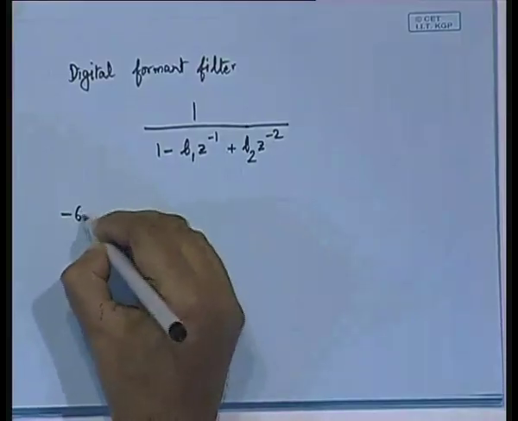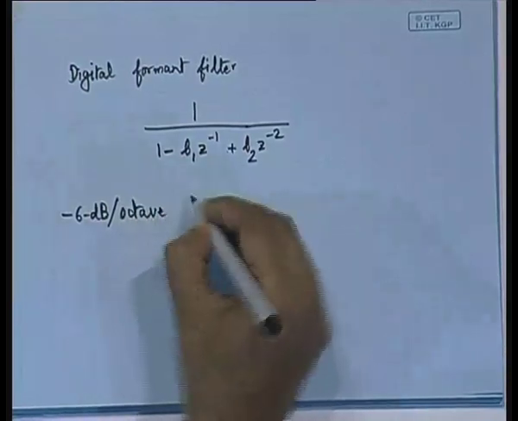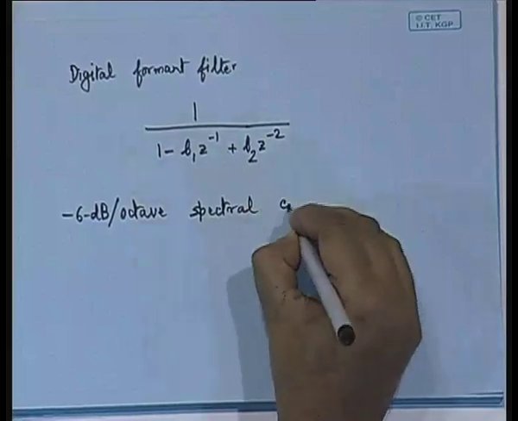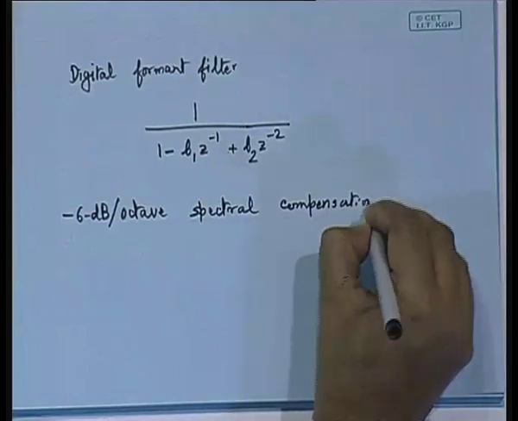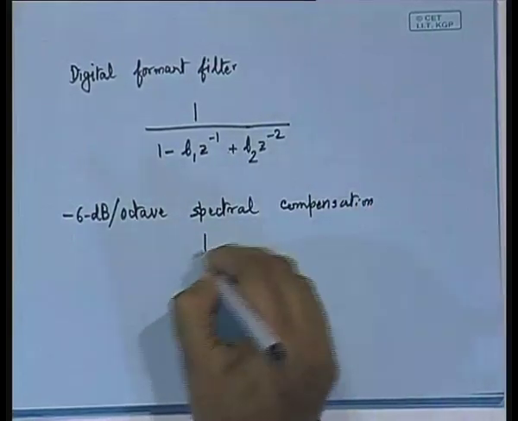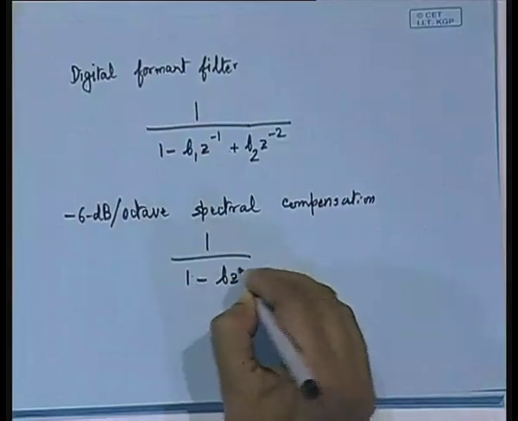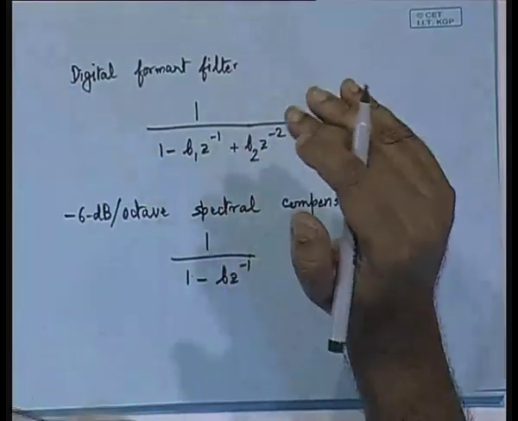So the minus 6 dB per octave spectral compensation we will be doing by a filter which will have a transfer function of the form 1 upon 1 minus B z to the power minus 1. So this also will be there.